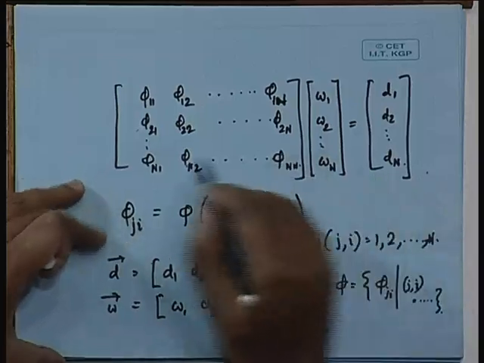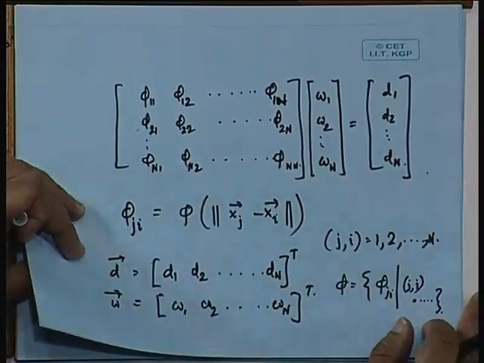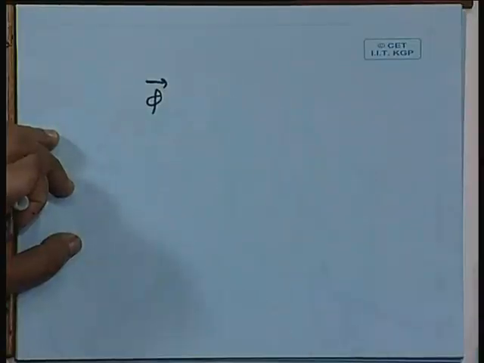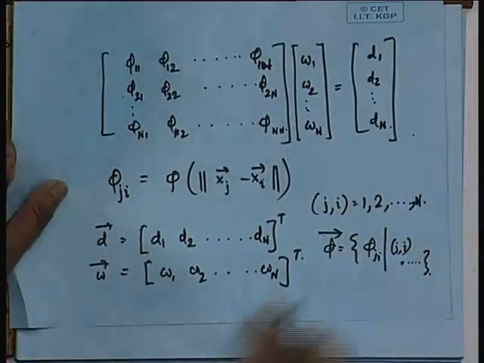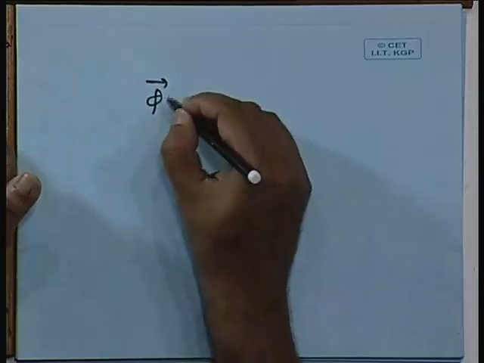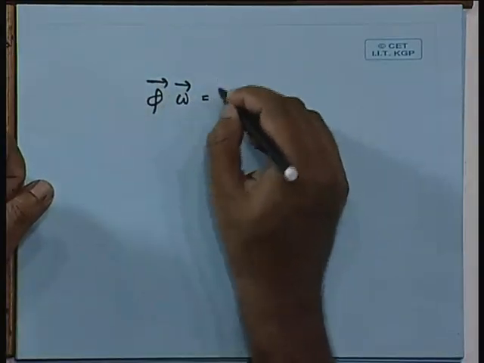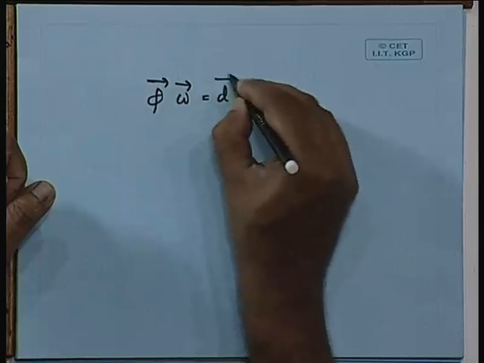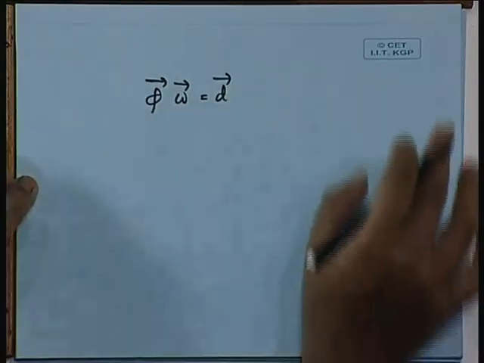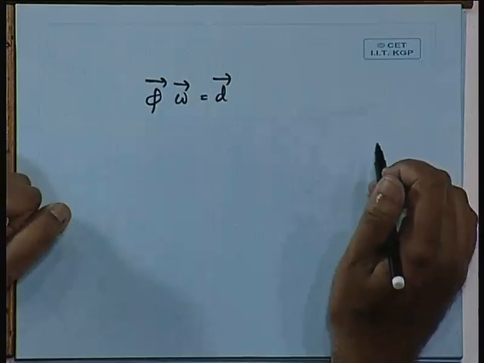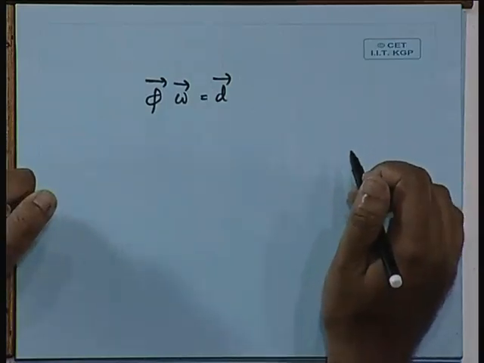So, this equation, which I have written, is now to be rewritten in matrix form as phi multiplied by w, where phi is a matrix, is equal to the d vector. So, phi times w vector is equal to d vector. Now, what are we going to solve for the network?